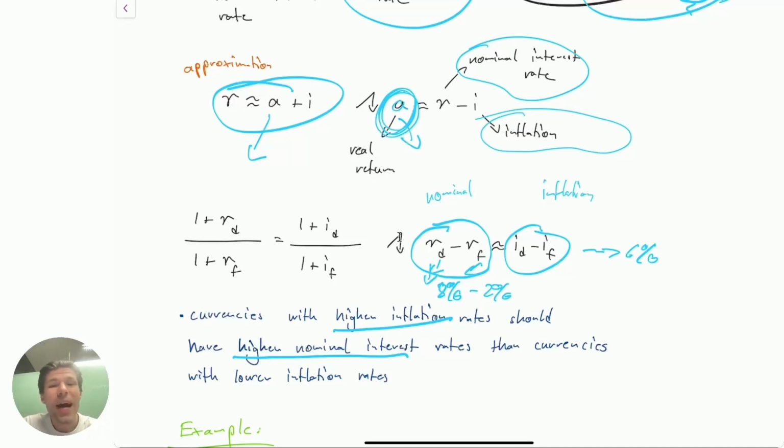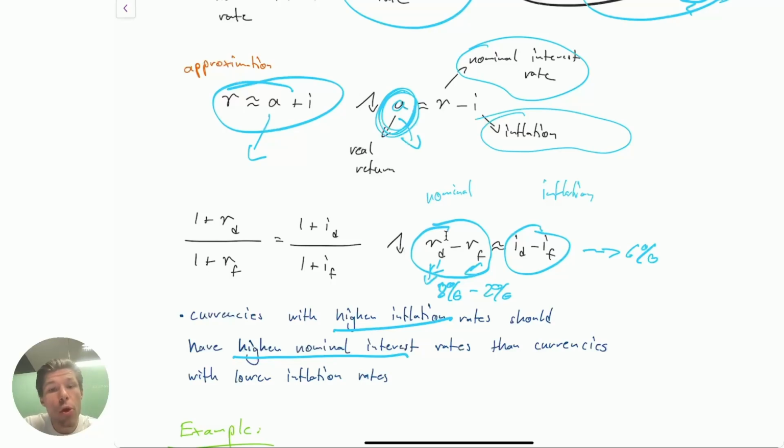Therefore, if a country has high inflation expectation, its central bank typically raises nominal interest rates to compensate investors for the loss of purchasing power. Investors demand higher nominal interest rates in economies with high inflation to compensate again for the declining purchasing power. And if we look at evidence, countries with historically high inflation like Argentina, Turkey, Venezuela typically have very high nominal interest rates from the banks.